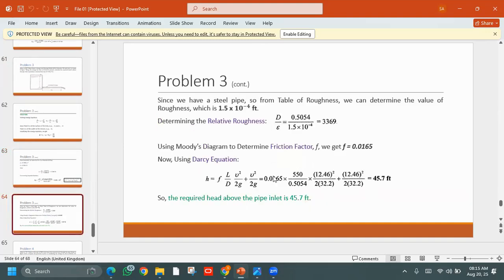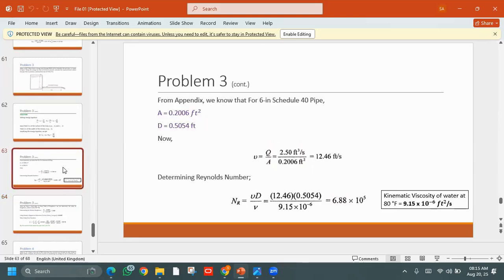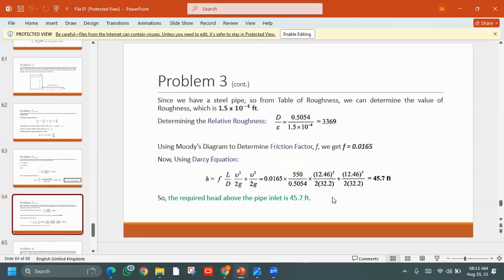So 550 here, and then the diameter of the pipe, and then the velocity was calculated as 12.46. The value of gravitational acceleration G is 32.2 feet per second squared, in the feet scale, in the Darcy equation, and again we need to put the value of velocity and G in that equation.